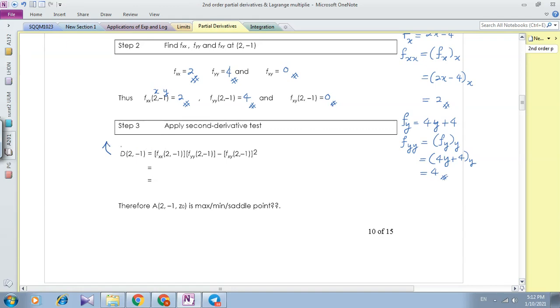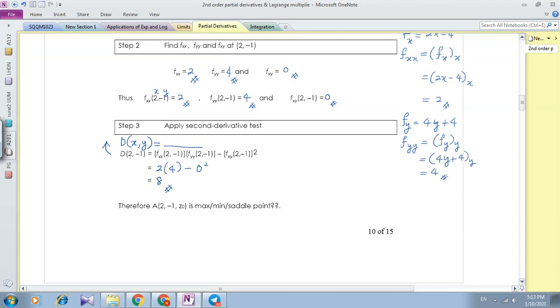You can check this once again; we have the formula for D. So this is given by fxx, which is 2, times fyy at (2, -1), which is 4, minus fxy squared. fxy squared is 0 squared, and we get 8.